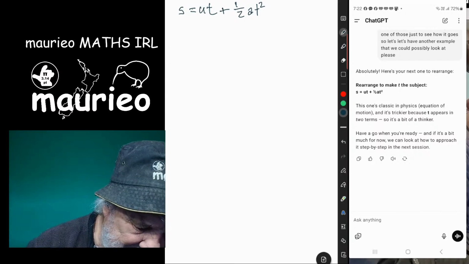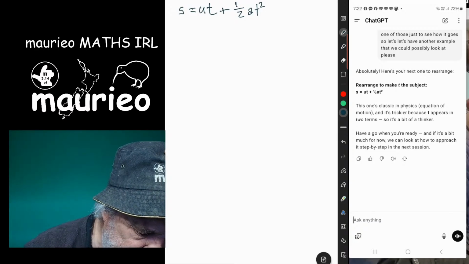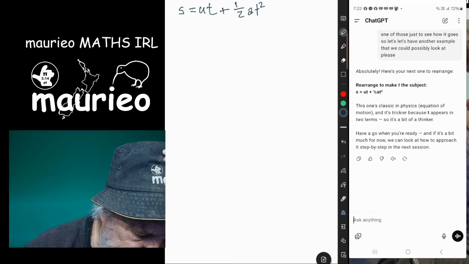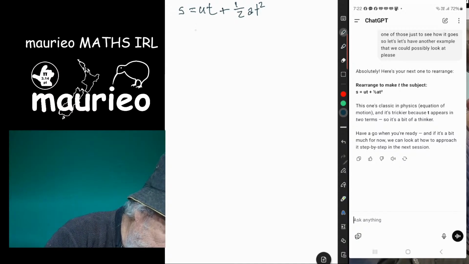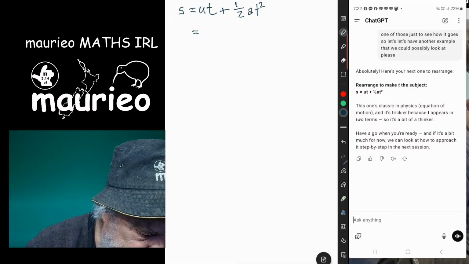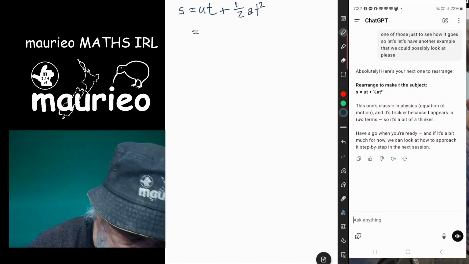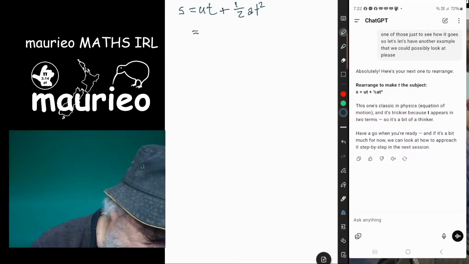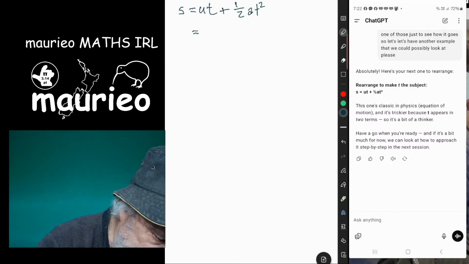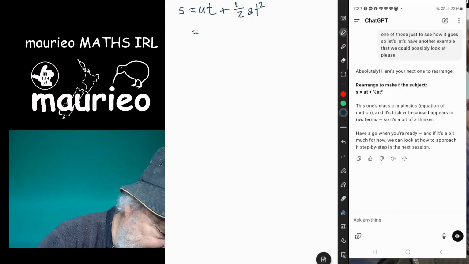So, as we can see, we've got t there. If we need to get t out of the equation, well, we need to factorize it somehow.